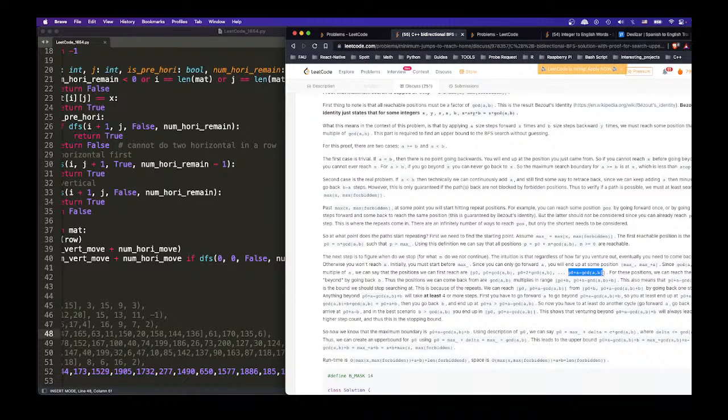And we know n times GCD AB must be larger or equal to the maximum of x and forbidden. Right, this must be larger than this. Which means this one minus GCD AB is smaller than maximum x and forbidden.